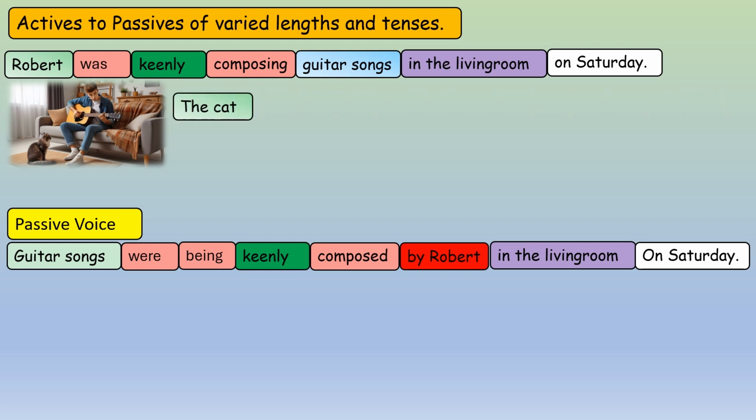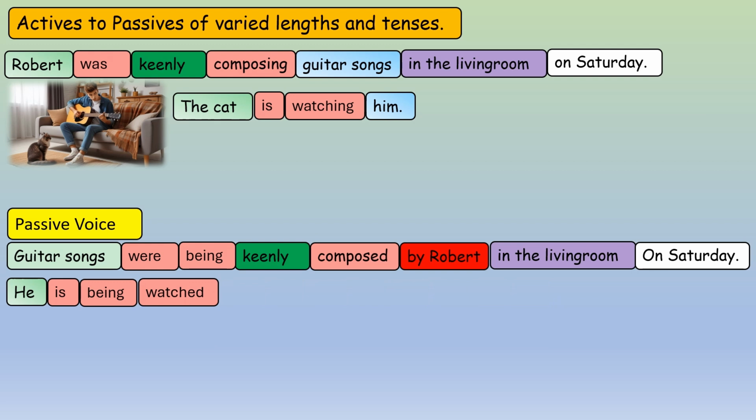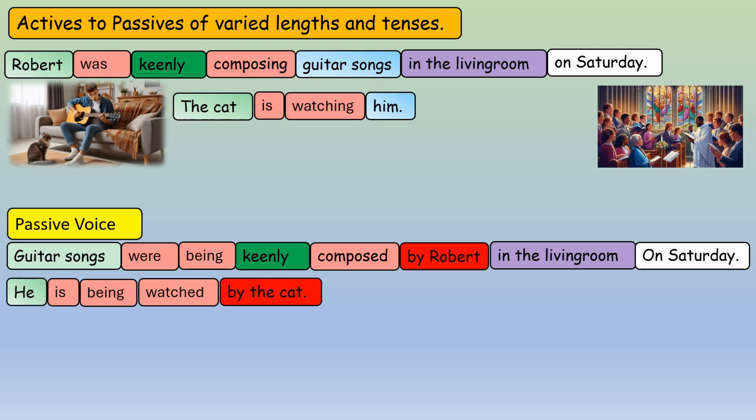Let's take another example. The cat is watching him. Now we have present continuous tense. So let's see what that looks like in the passive voice. He is being watched. That's our past participle by the cat.